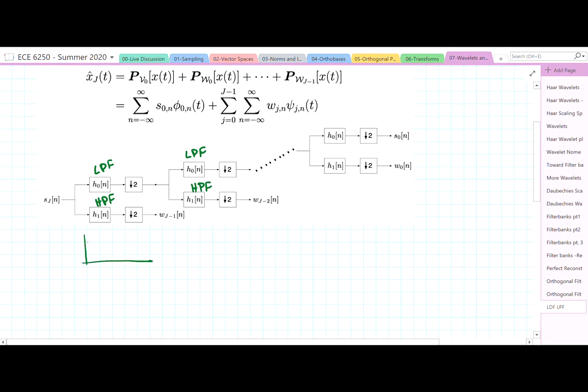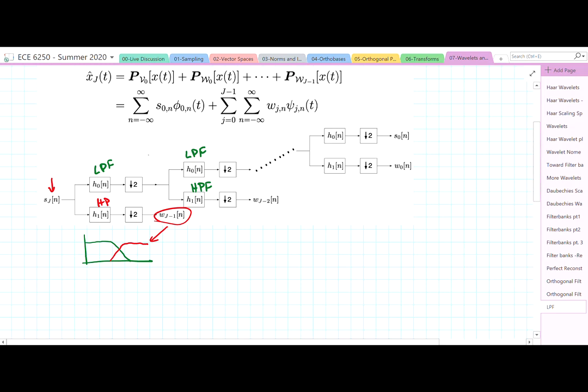So we're going to do a low pass filter and then a high pass filter for the H1s. The high pass filter then, the output is in our wavelet coefficients. We're filtering these coefficients here.